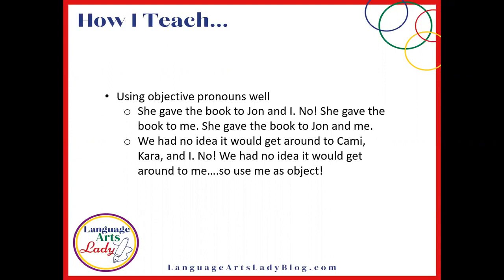We have to understand that a pronoun that is at the end of a prepositional phrase, or that follows an action verb, like I'm going to give Sarah and her, right?